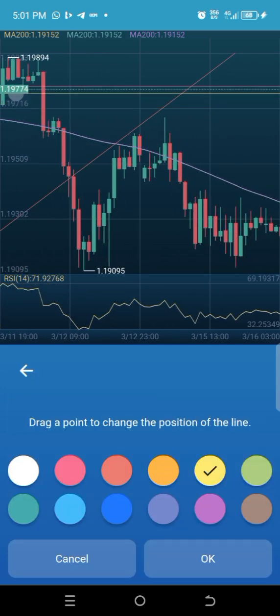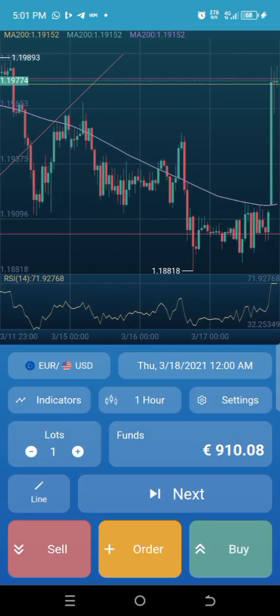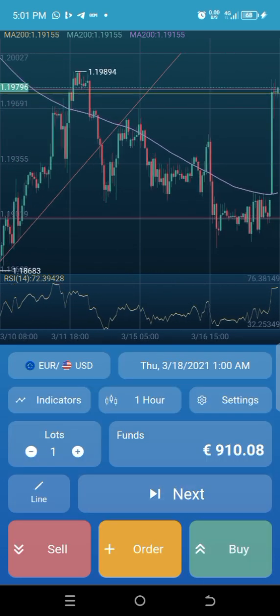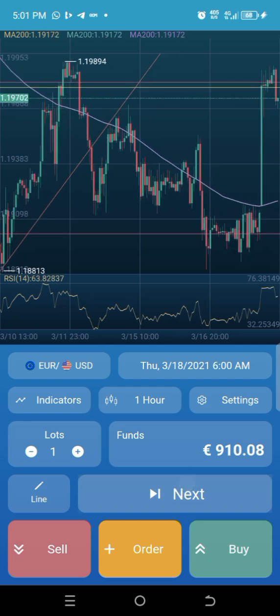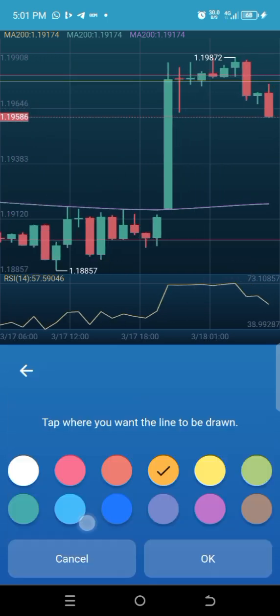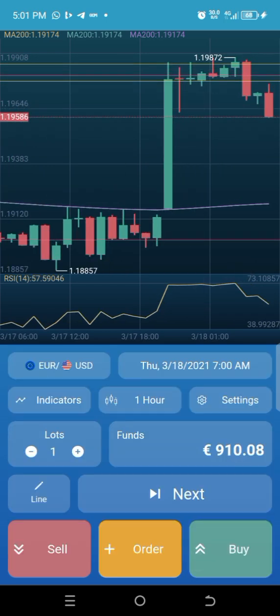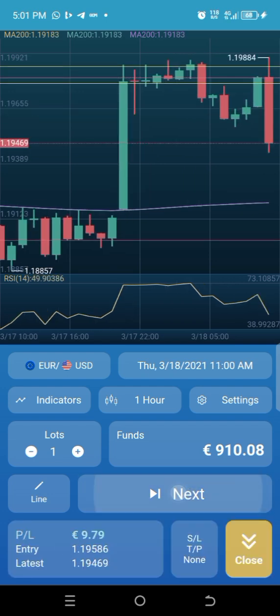I mean area of interest. Sometimes I mix these terms, but all is well. Let's see if we can enter from there. Yes, I'm going to have an entry. Stop loss is going to be just right here, above here. Sell. Let's wait for price to do what it does.